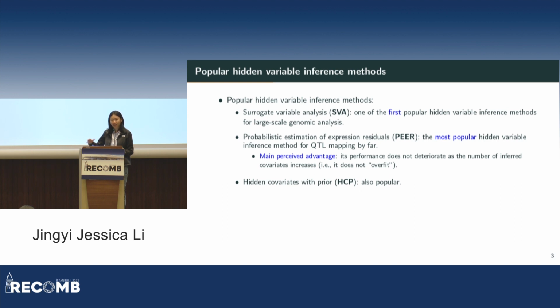In GTEx, the predictor is the SNP genotype. Even though they were developed for similar purposes, surrogate variable analysis is also widely used for DE analysis, and it has a similar core: to find hidden variables from the sample by gene matrix. Besides these two, there's another popular method called hidden covariates with prior. Even though these methods were used in different settings, so far no benchmarking was done to compare them.